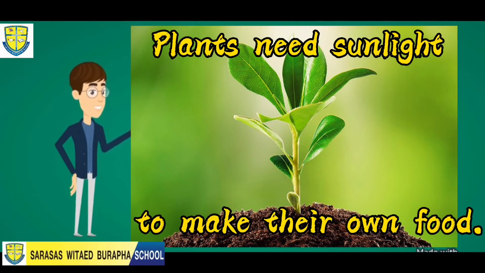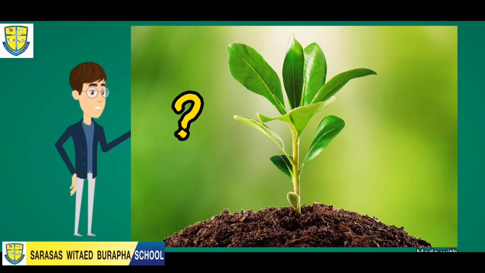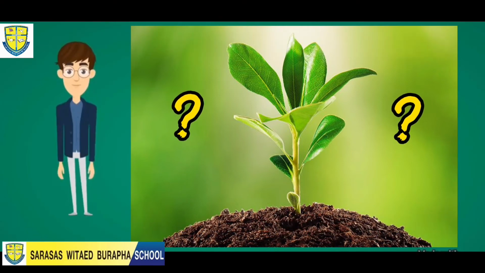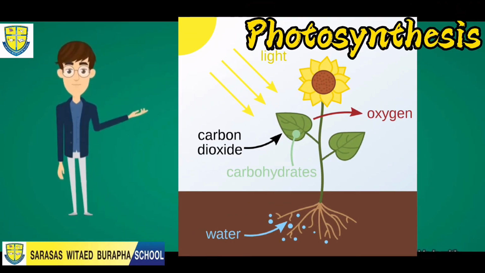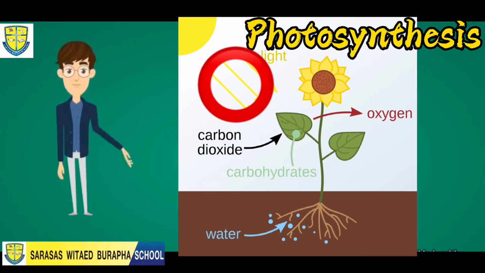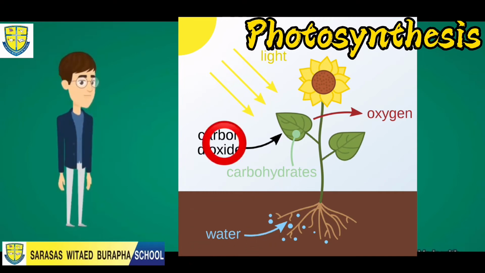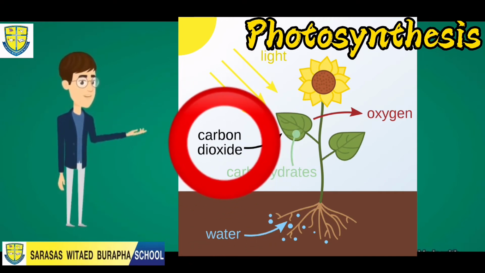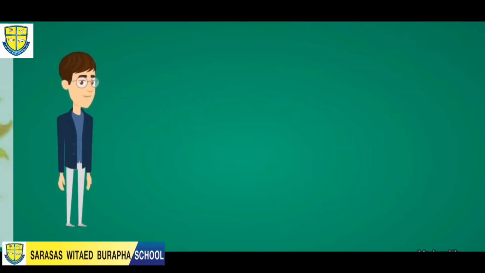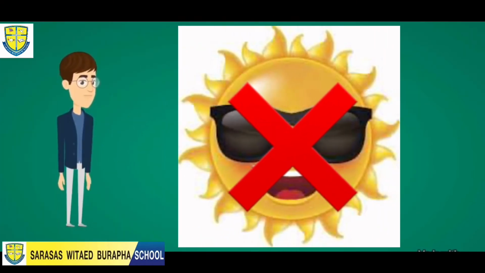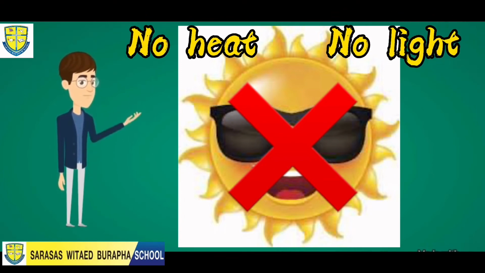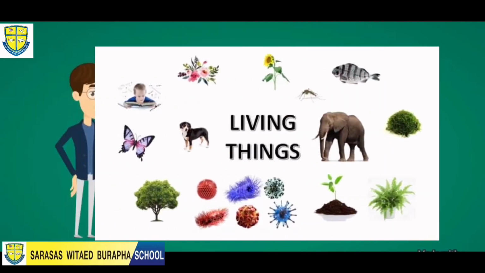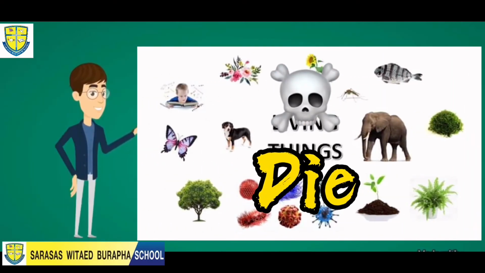And what do we call this process again? Do you still remember? Yes, it is photosynthesis. They collect sunlight, water, and air to make their own food. Without the sun, no one will produce heat and light, and most living things will die.